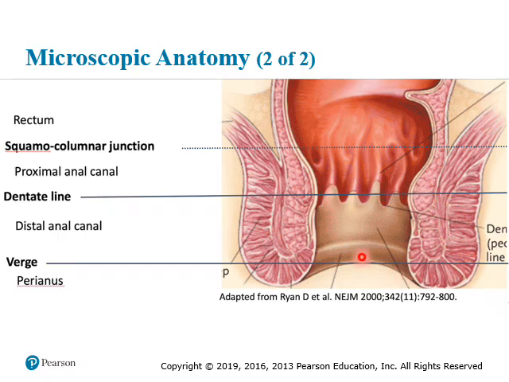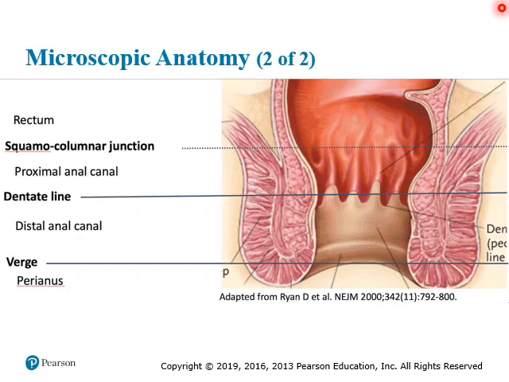Anal recesses are located between the anal columns, and they secrete mucus to aid in emptying. The pectinate line is the horizontal line that parallels the anal sinuses.